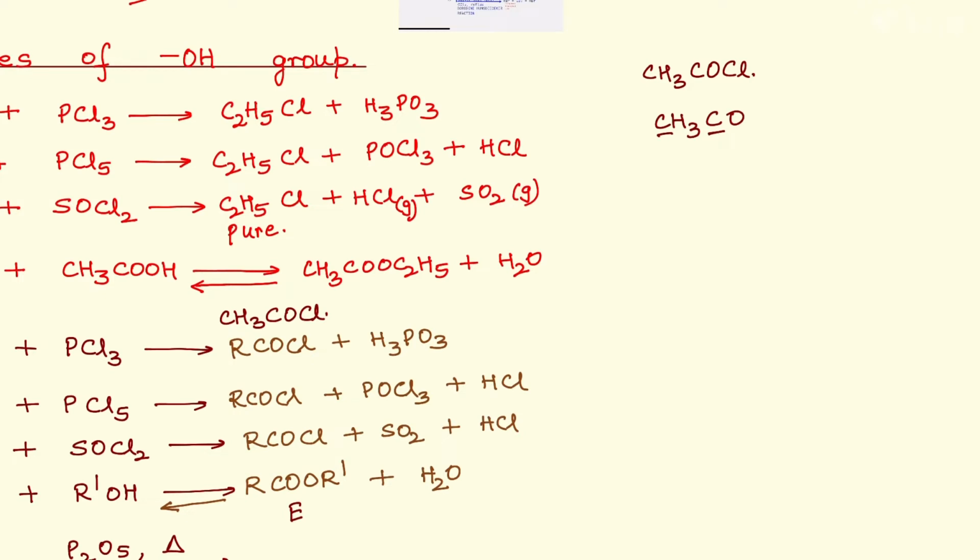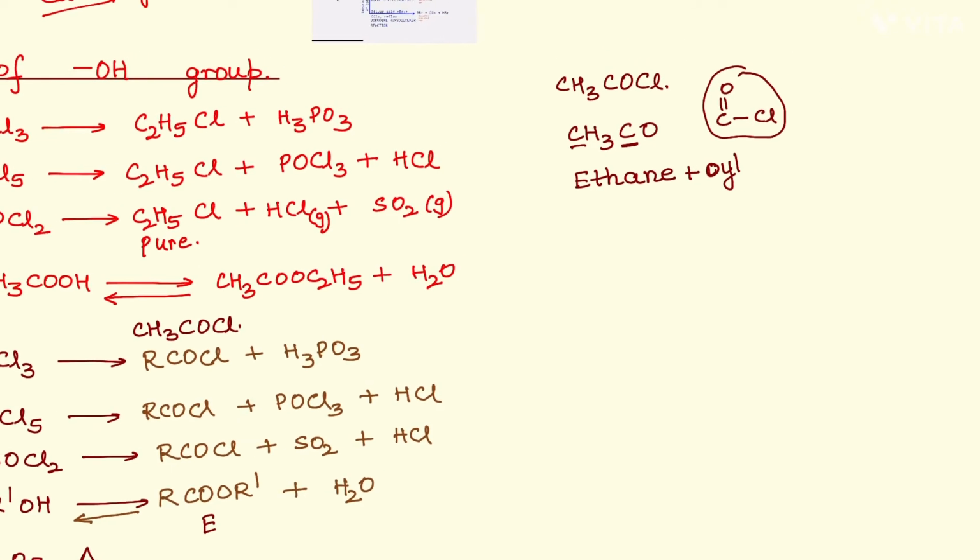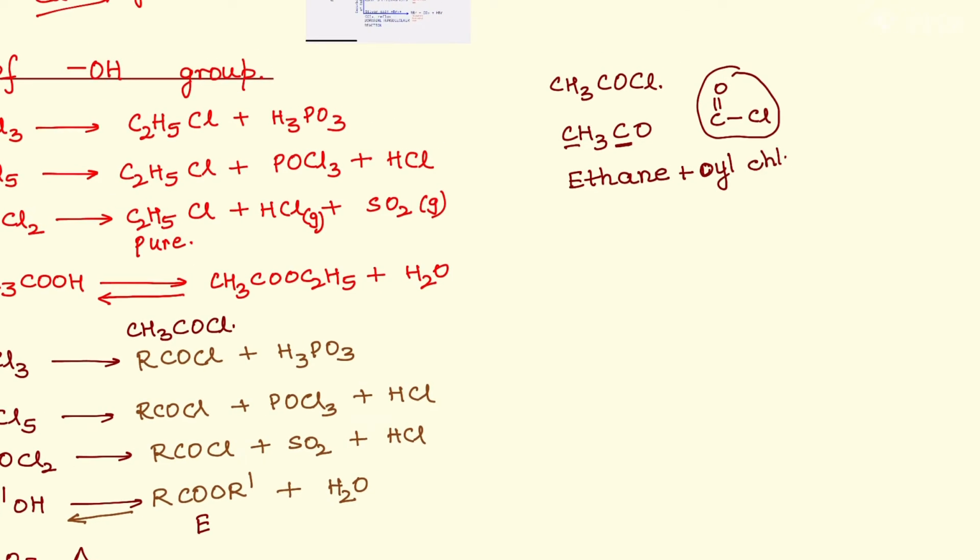CH3CO, there are 2 carbon atoms in the chain. So eth, right? And then it's a saturated compound, so ane. And then we have the functional group C double bond OCl. And what functional group is this? Acid chloride, which according to the IUPAC system is written as oyl chloride. Yes, not OIL, it is OYL.